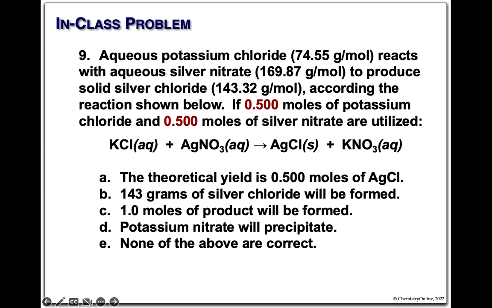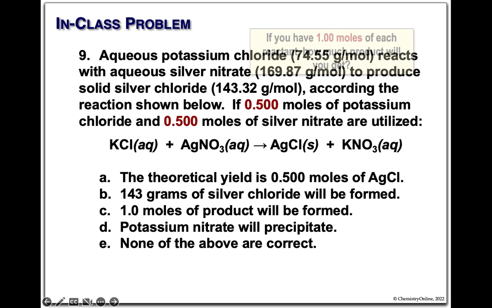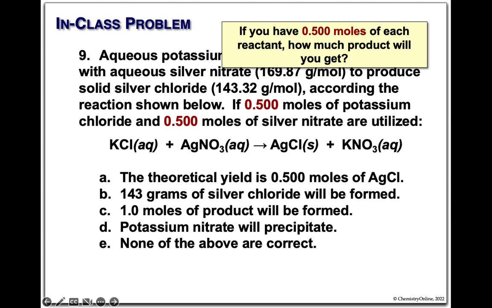Okay, look at the stoichiometry here. 1 mole, 1 mole, 1 mole, right? If we had 1 mole of each, we would get 1 mole of product, right? If we have half a mole of each, by George, we're going to get half a mole of product. So, the theoretical yield is half a mole.